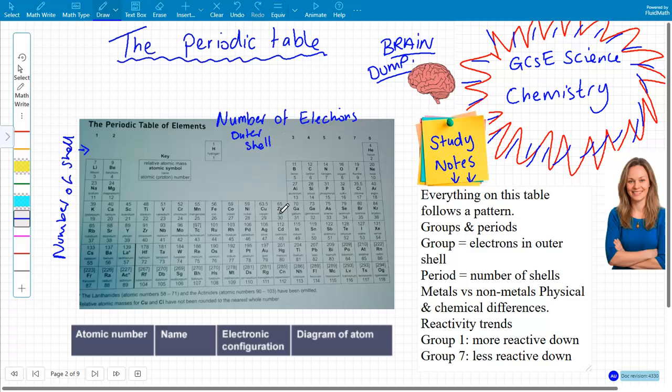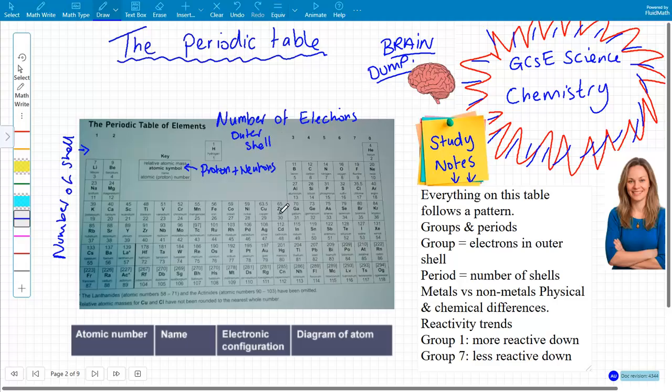Okay, so let's talk about each tile on here then. There are some numbers. The larger number is always the mass number, and you'll be given a key that tells you that. Remember, the mass is everything in the nucleus together. Everything in the nucleus is protons and neutrons added up together.